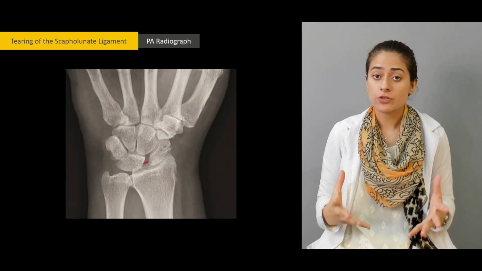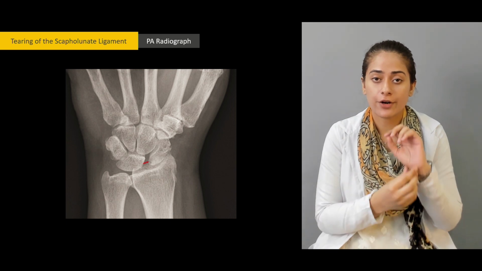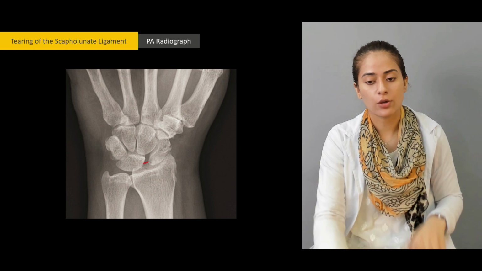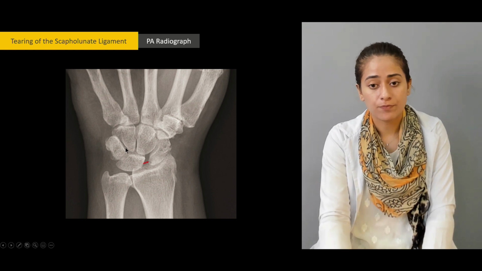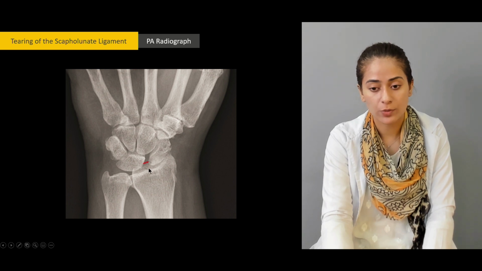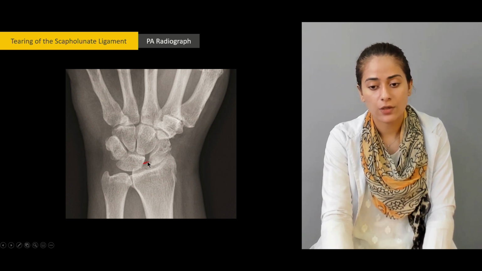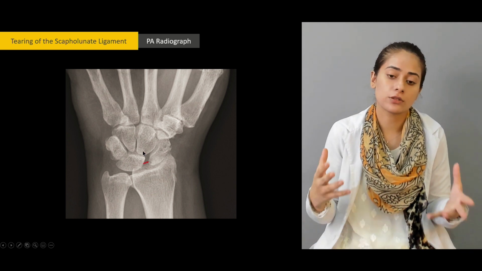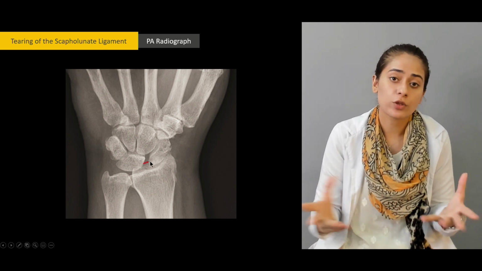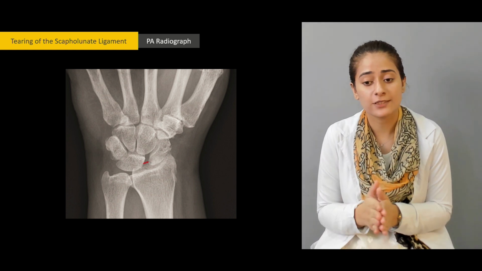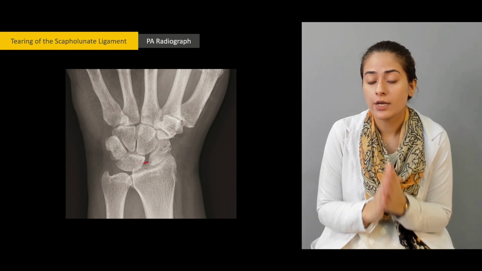So how this appears on a radiograph is, like I said, these ligaments are joining two bones, right? So this is the lunate and scaphoid, the two carpal bones of the lower row. So these are joined together, and if there is a ligament tear like here, what will happen is there will be an increase in the joint space. The normal joint space here is less than 2 millimeters.